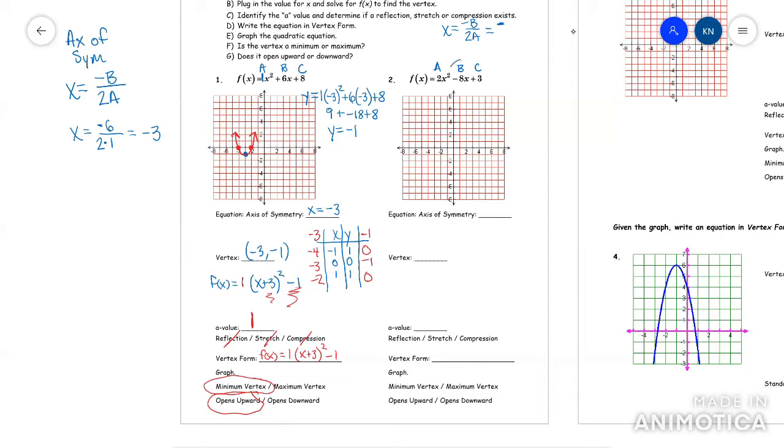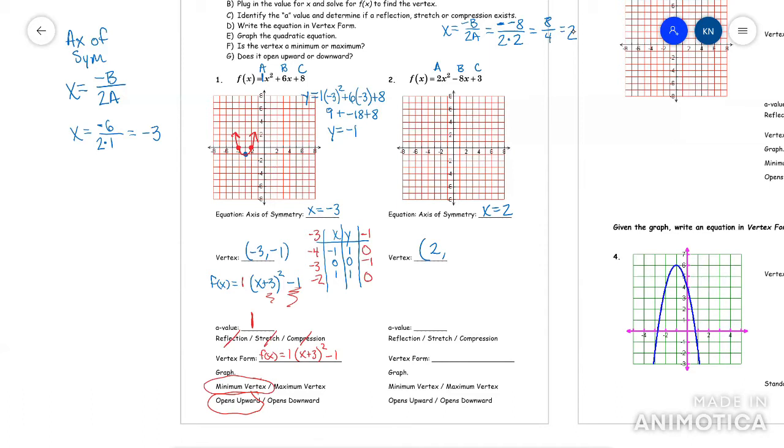Then B is -8, so it's like -8 over 2 times A value of 2. This -8 becomes positive again. It's like a negative times a negative makes a positive, so 8 over 4, which is just 2. So I know the x coordinate of my vertex is 2. Axis of symmetry, x equals 2.